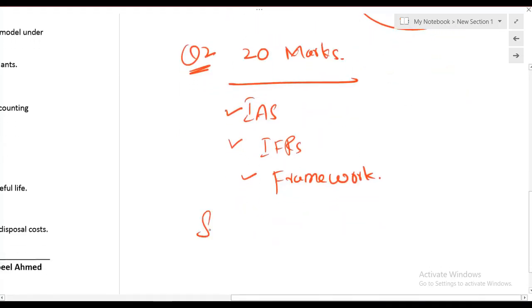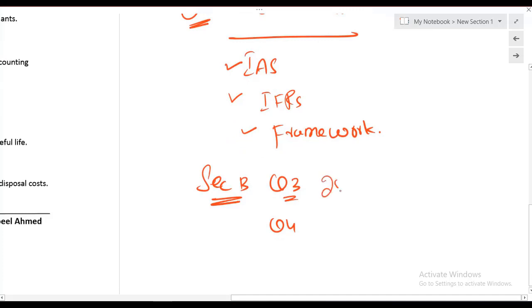When it comes to section B, we'll be having question 3 and question 4. Both will be having 25 marks. And these 25 marks questions will be having around 4 to 5 parts.